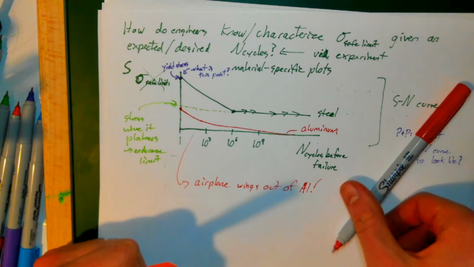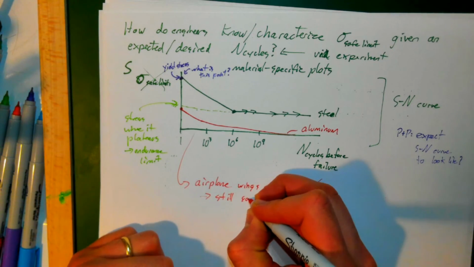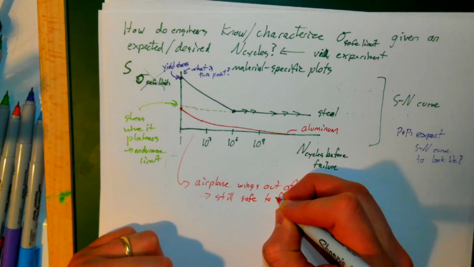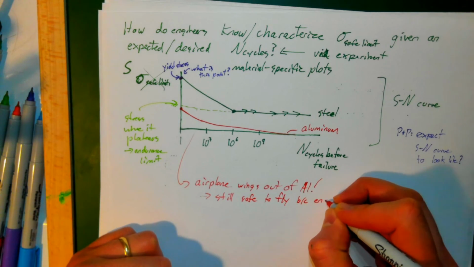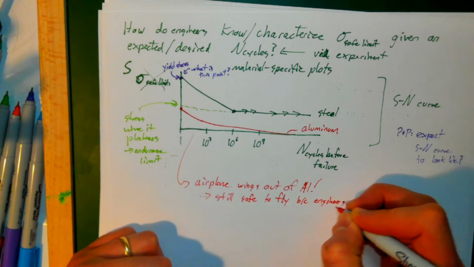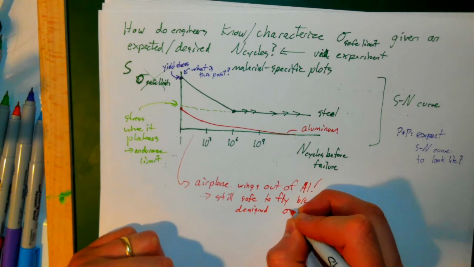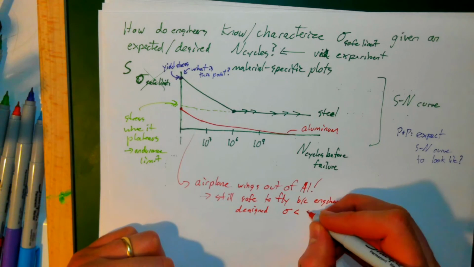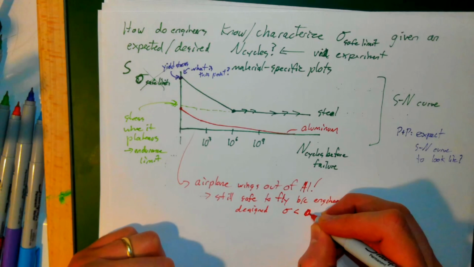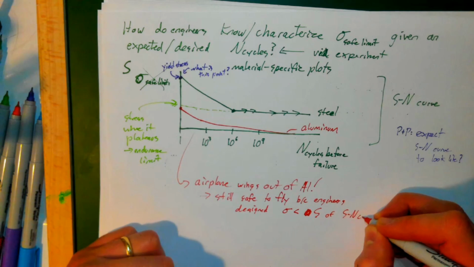So airplane wings out of aluminum, it's still safe to fly because engineers designed the stress to be basically below where this curve is, so below the S of the S-N curve.